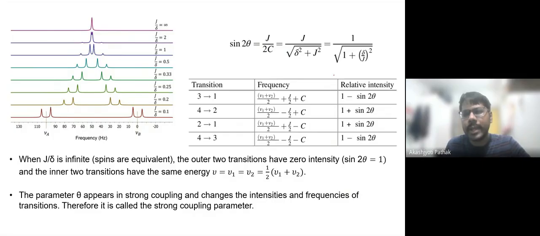So you will get delta by J equal to 1, so your delta value becomes equal to J. So that is a case of very strong coupling. So if J by delta is equal to 1, it is a case of strong coupling.